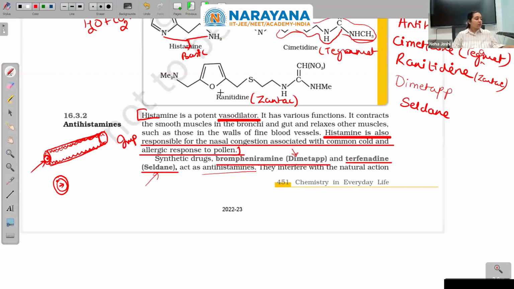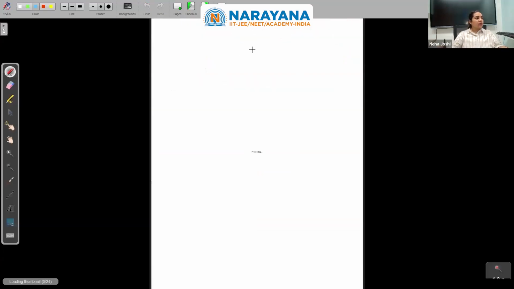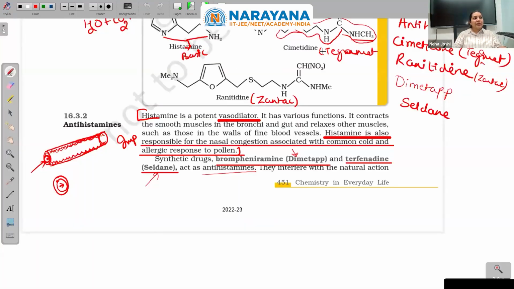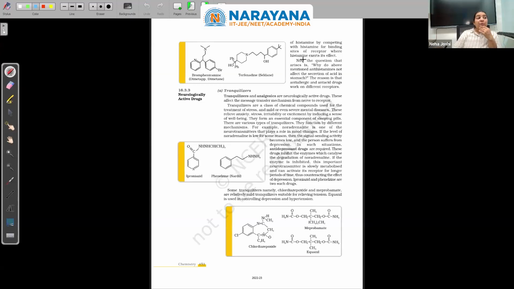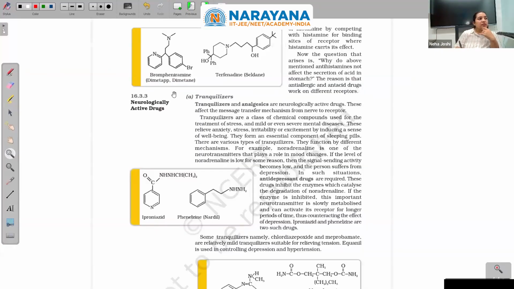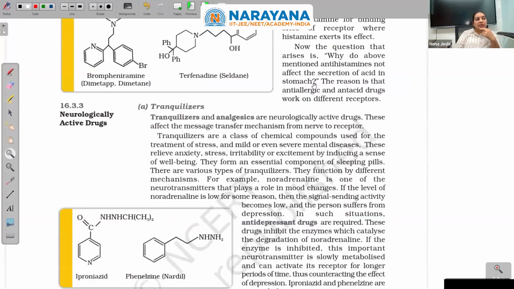Moving to the next page. They interfere with the natural action of histamine by competing with histamine for binding sites of the receptor where histamine exerts its effects.